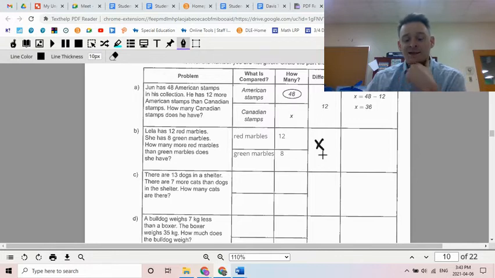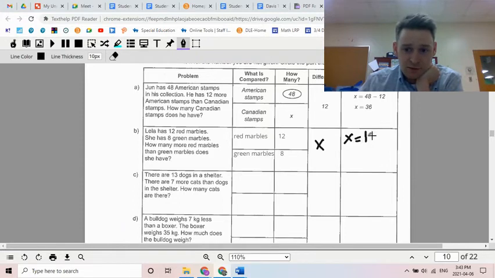I'll use X. X is the classic letter to use here. And now I want to make an equation. X equals 12 minus 8. X equals 4.